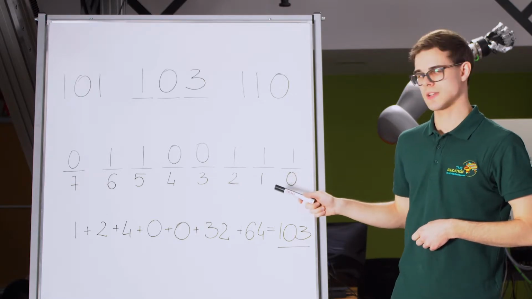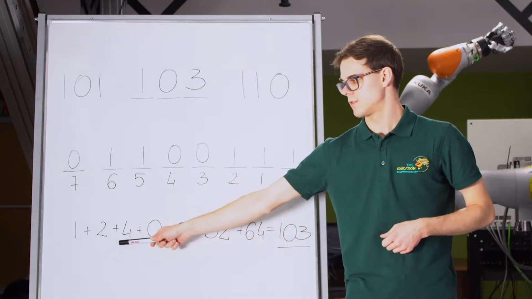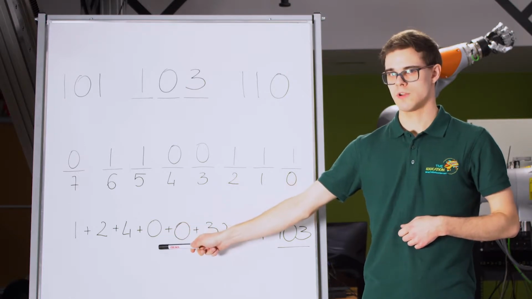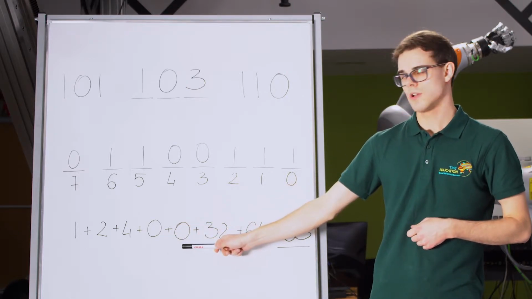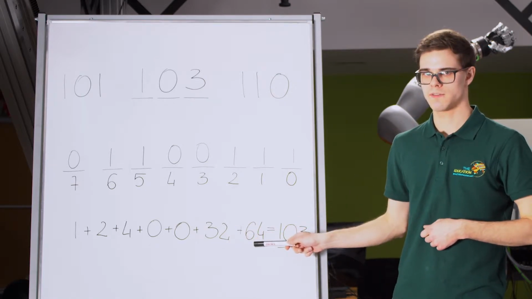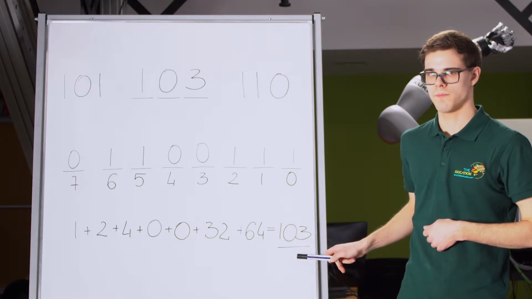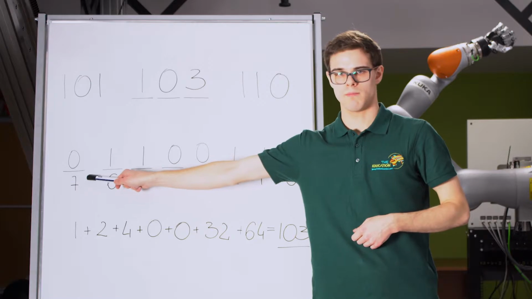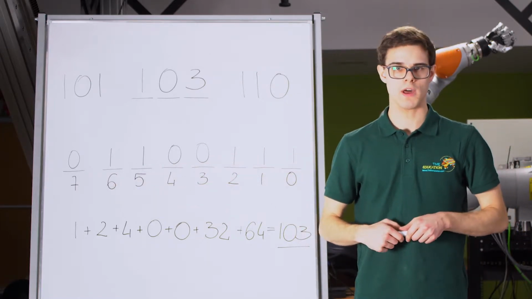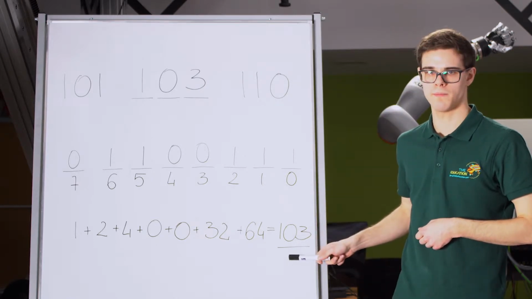So, in this example, from the first bit we've got 1, from the second 2, from the third 4, from the fourth 0, from the fifth 0, from the sixth 32, and from the seventh 64, which gives us 103. The 8th bit must be 0 because 2 to the power of 7 gives you 128, which is more than 103.